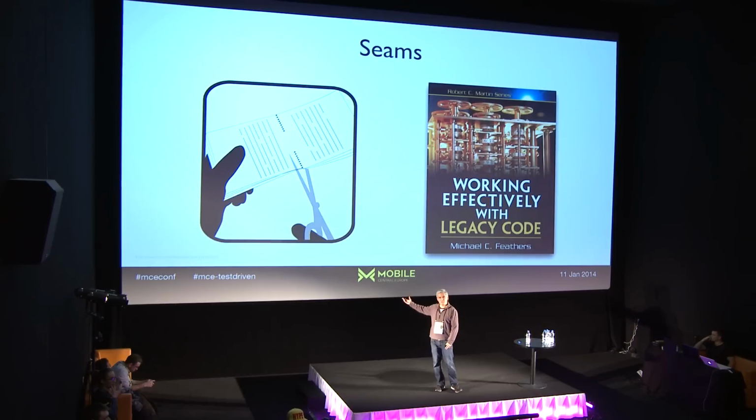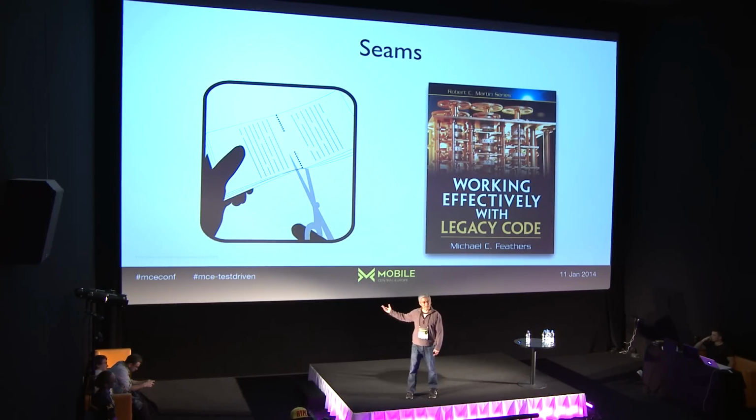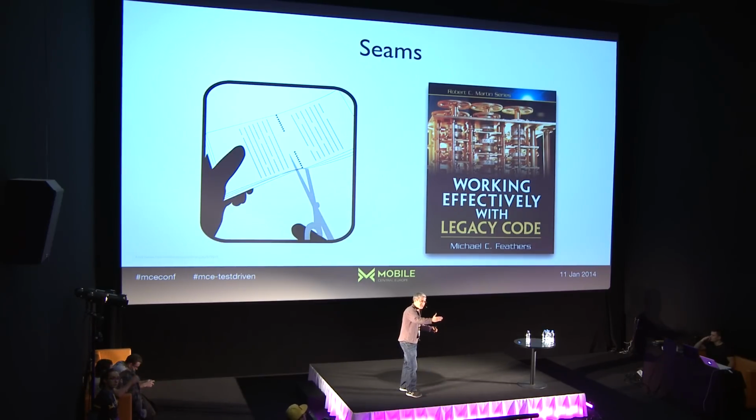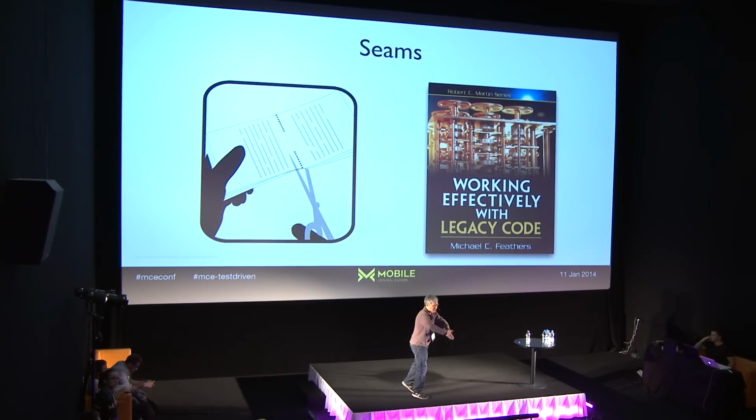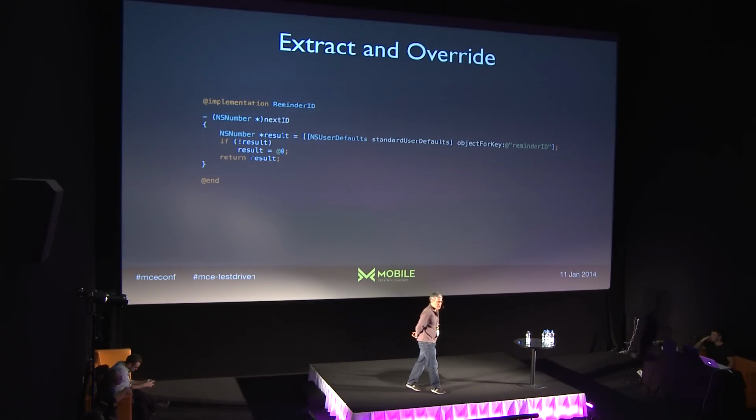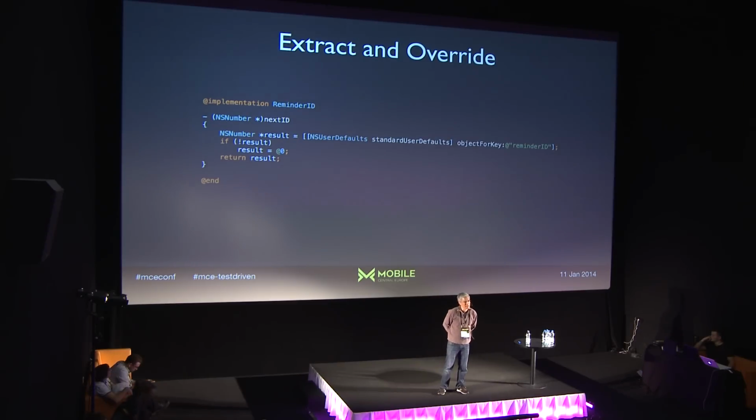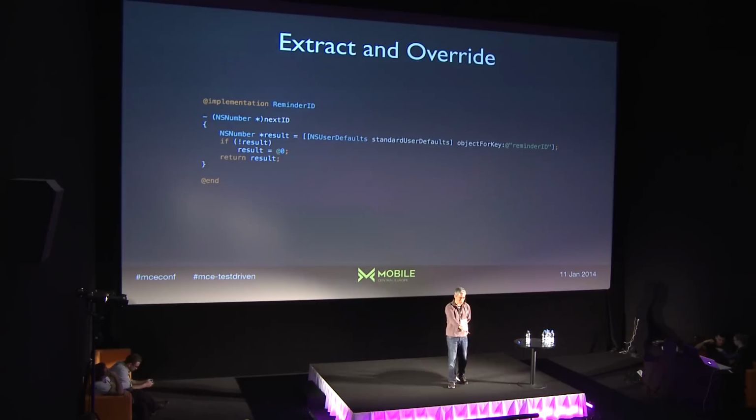And it introduces a powerful idea of seams, a place along which you can cut to say, let's just slice here and put this other thing in. So the first technique for dependency injection I'm going to show you is called extract and override, or subclass and override. So here we are, back with our original method that's calling out to standard user defaults.